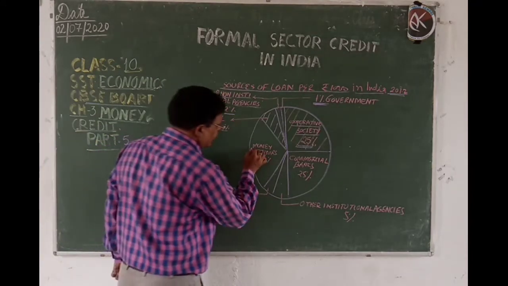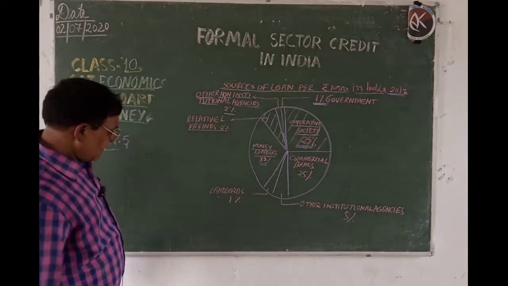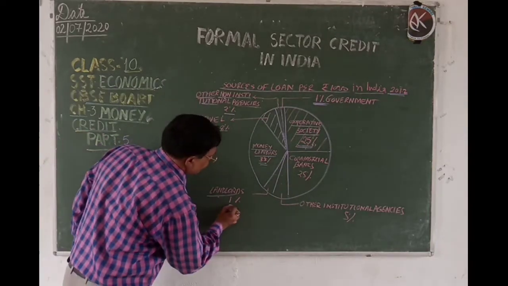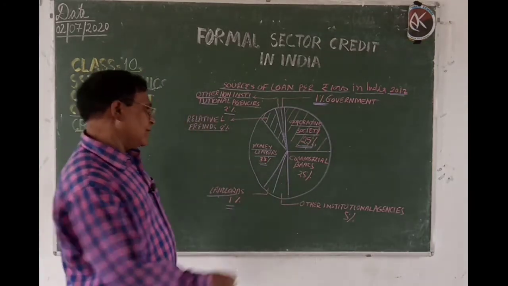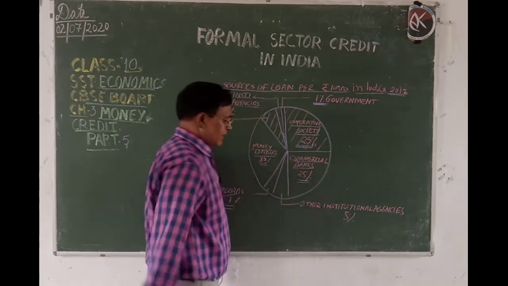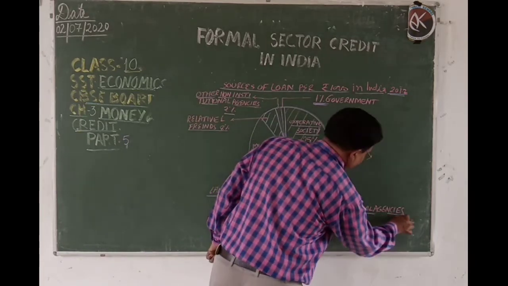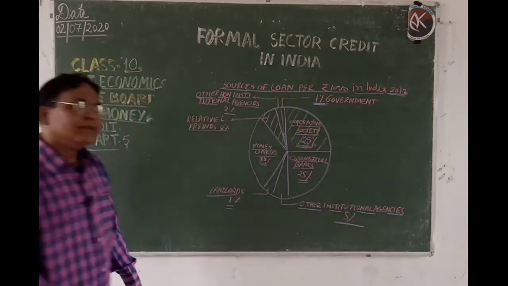From money lenders they took 33% loan, and from landlords they took 1% loan. From commercial banks they took 25% credit, and from other institution agencies they took 5% credit.